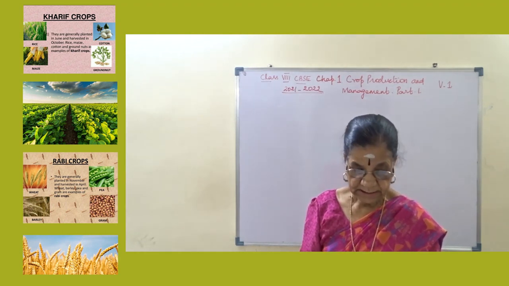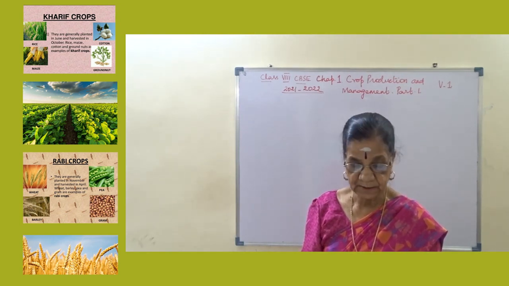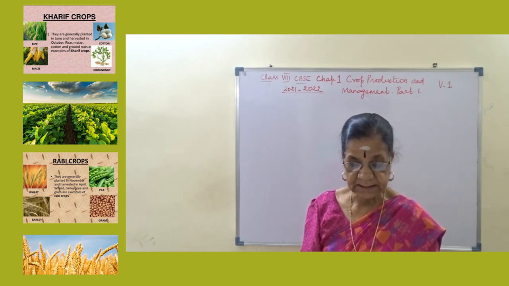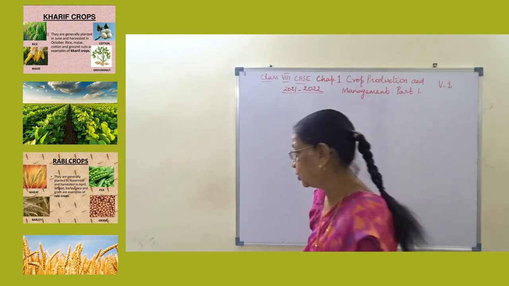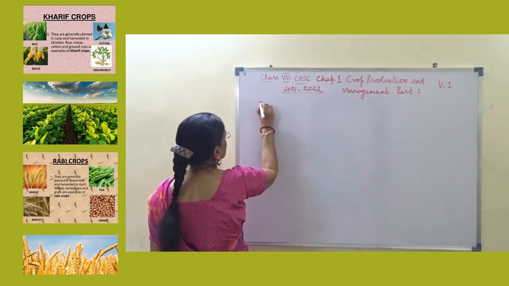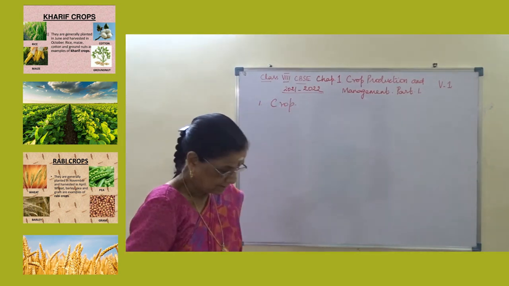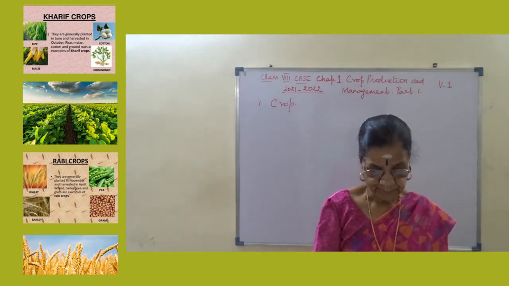Next, mark it. When plants of the same kind are grown and cultivated at one place on a large scale, it is called a crop. Crop, spelling C-R-O-P.